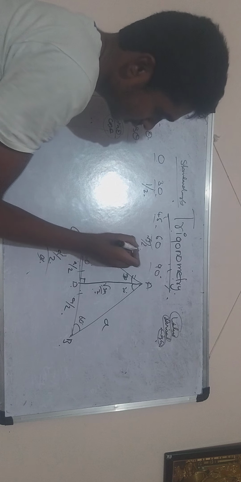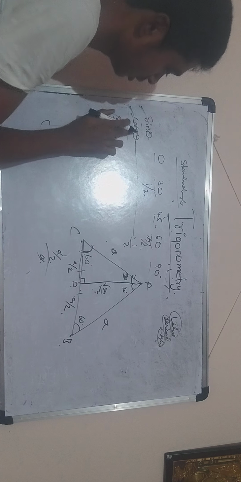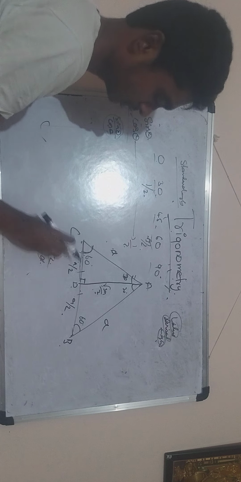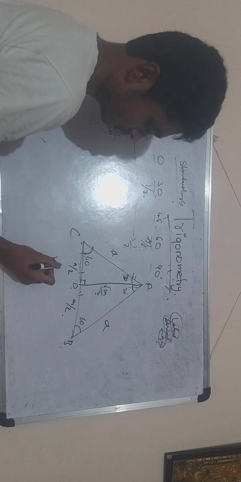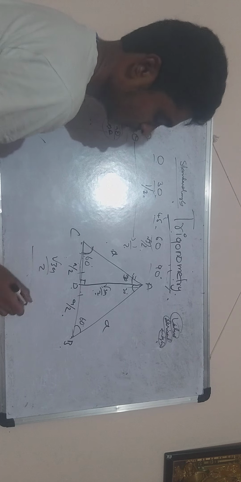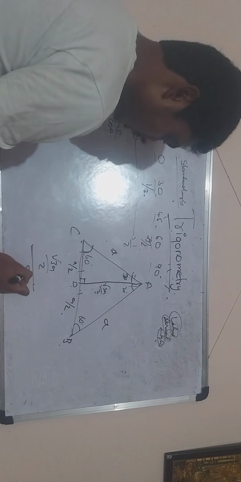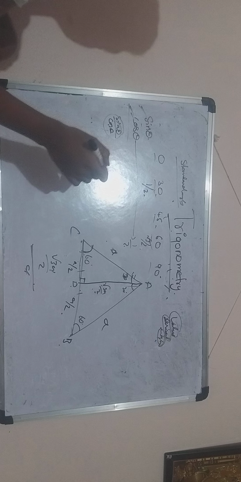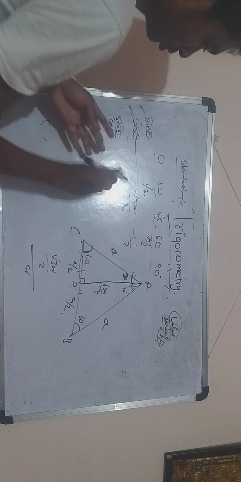So cos 60 is 1 by 2. And similarly cos 30 is root 3 by 2, as this is the adjacent side, root 3A by 2, and hypotenuse is A. So cos 30 is root 3 by 2.